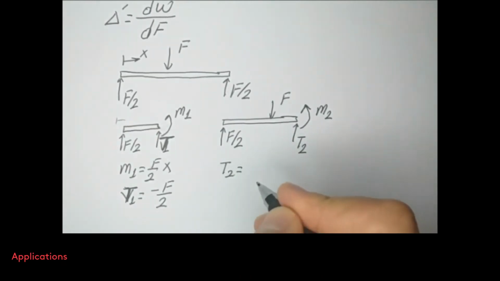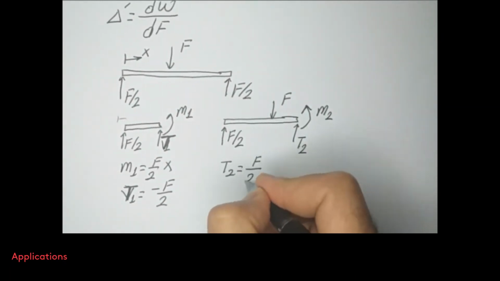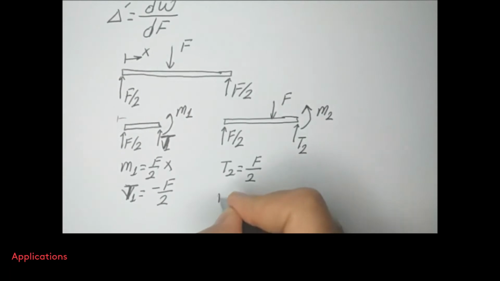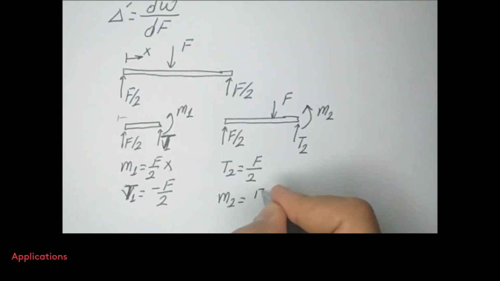In fact, M2 is equal to, I take the moment with respect to the cut, so F divided by 2 multiplied by L minus X.